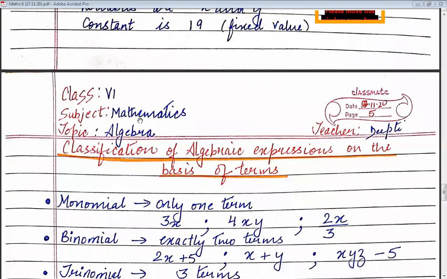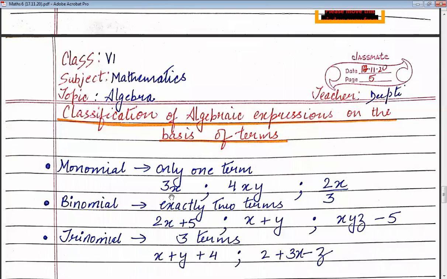Now let us see the next one, that is trinomial. Tri means 3. Children, whenever we have 3 terms, they are called trinomials. So let us have a look at that. First one is x plus y plus 4, 2 plus 3x minus z. In the first one, we have x, first term, y, second term, 4, third term.